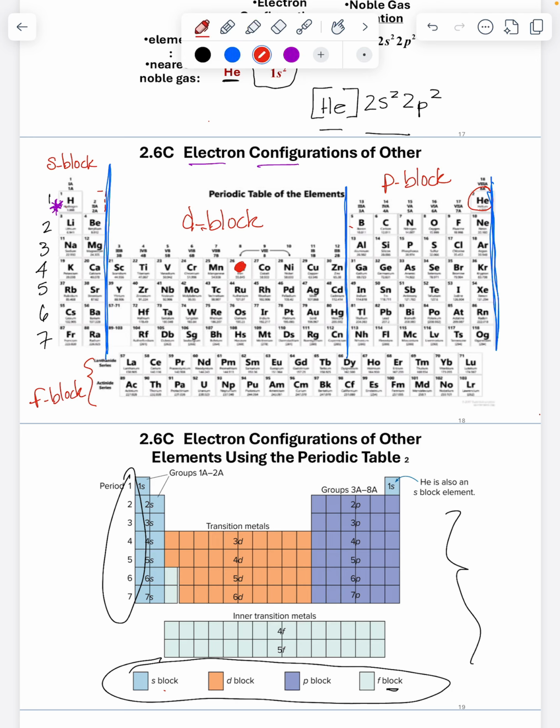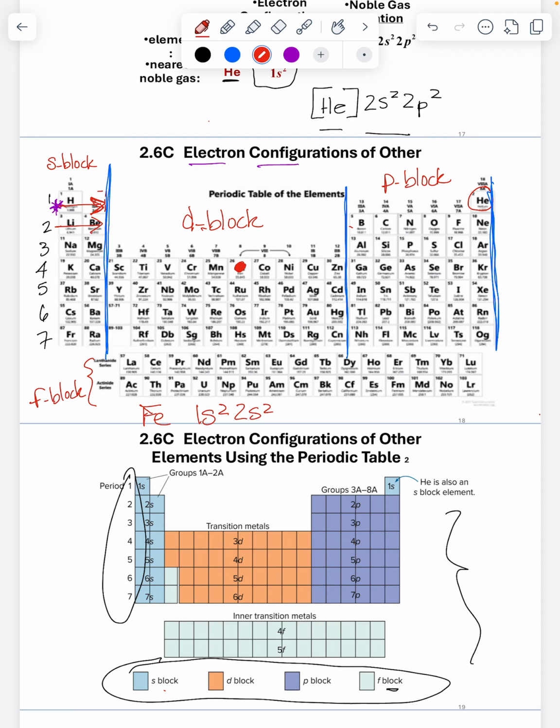And so again, we always start at the top at 1s. Every time we hit one of those blue lines, we're going to stop and write down what we did. So here we go. We're going through 1s. So we're doing iron. We just did 1s2. There's nothing else in the first energy level, so now we go back and do 2s2. Going all the way across to the next blue line.